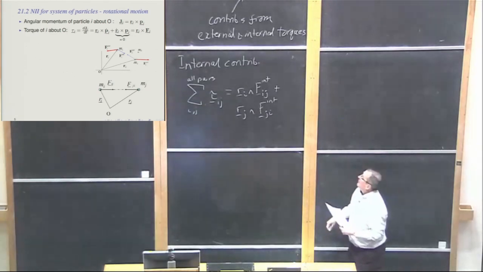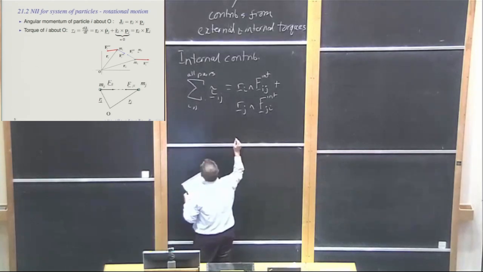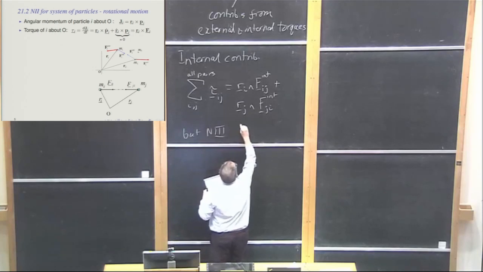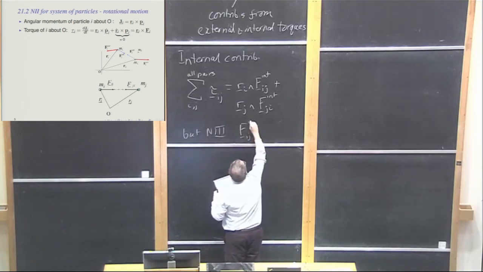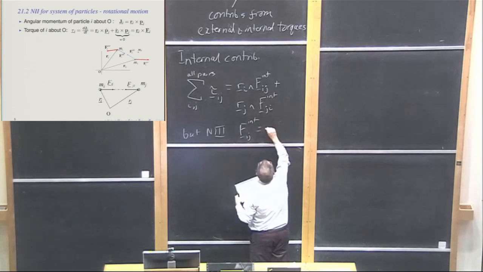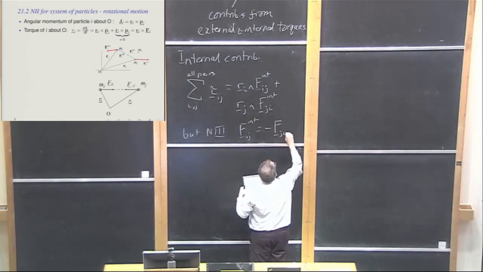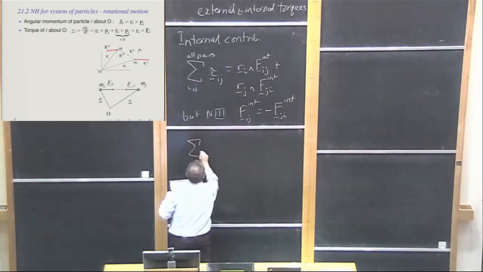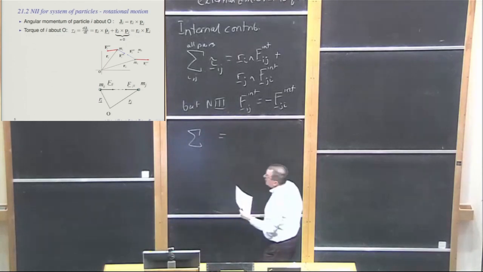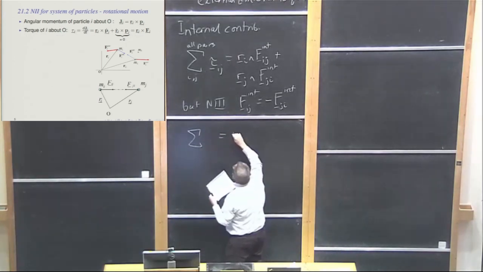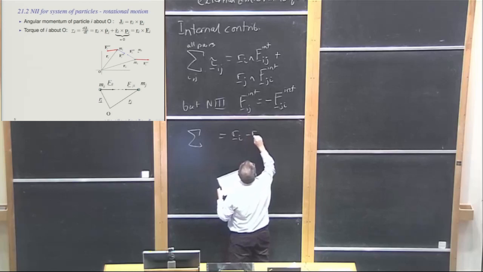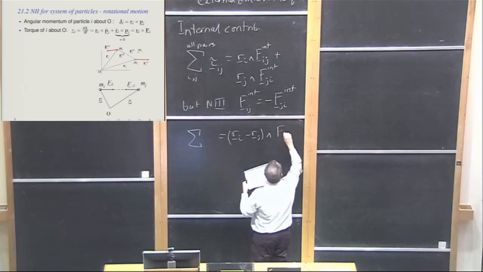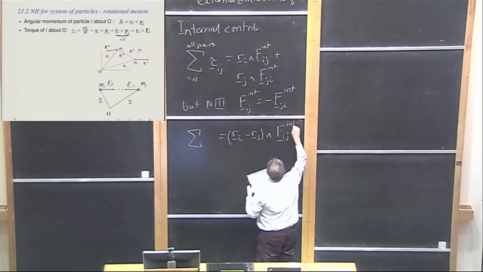But we have, of course, Newton 3, which tells us that Fij internal is equal to minus Fji internal. And so this sum can be represented as Ri minus Rj cross Fij internal.